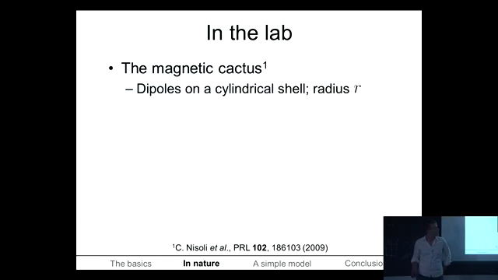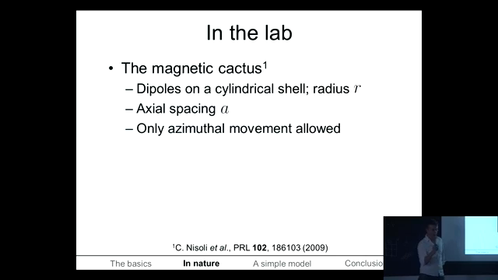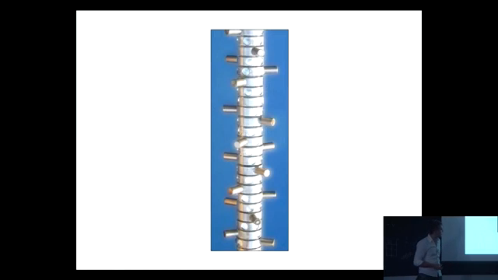They locate some magnetic dipoles on a cylindrical shell with some radius r, evenly spaced in the axial direction, and allowed to move only in the azimuthal direction around the cylinder. That might be kind of hard to imagine, so here's a picture. As you can see, they're little discs that can rotate azimuthally, but they're fixed in the other dimensions.